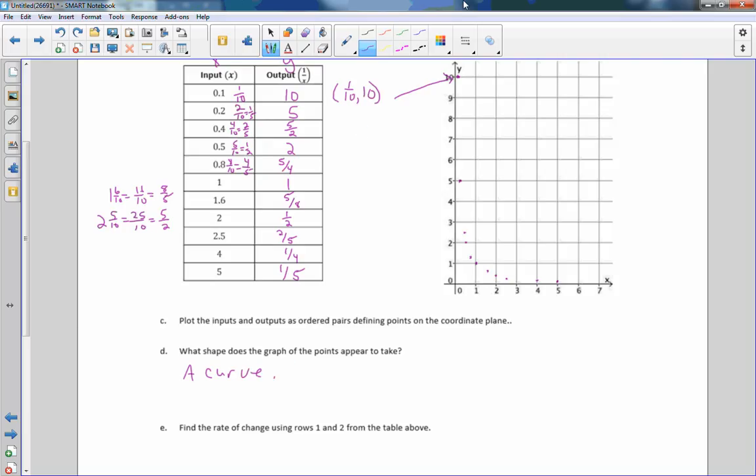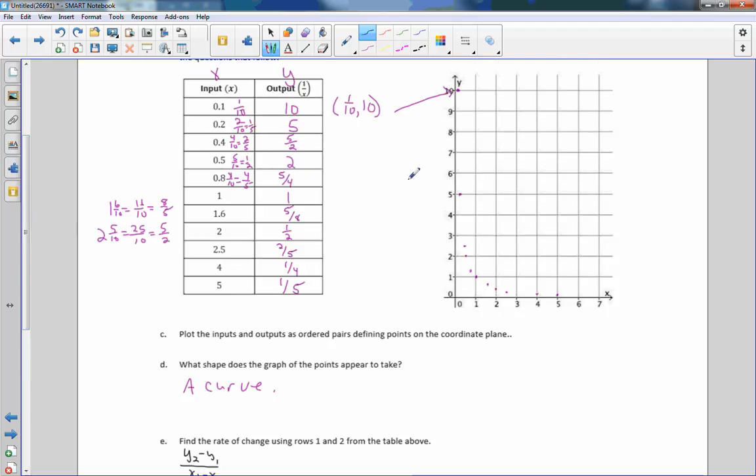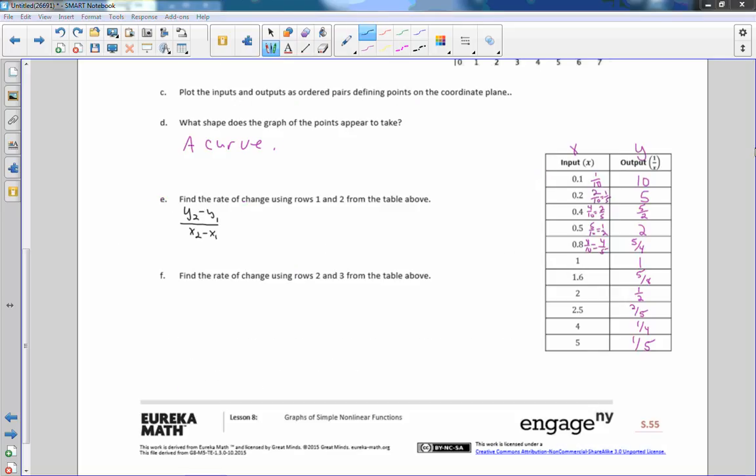Find the rate of change using rows 1 and 2 above. So rate of change is y2 minus y1 over x2 minus x1. Okay, so let me move this down so I don't have to keep scrolling. Okay, so that's easier to do now that I can just look over to my right here.